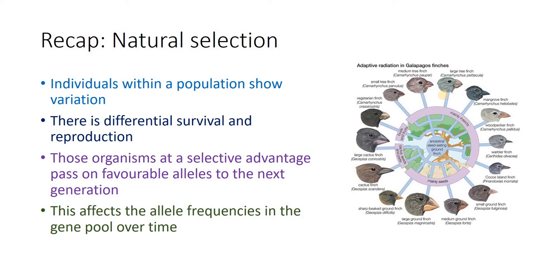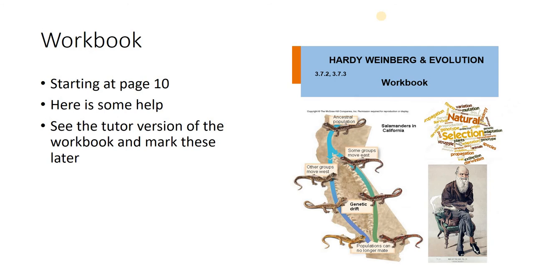So some of them will survive and reproduce, some of them won't. And those that do are the ones that have this selective advantage. They're fitter and they'll pass on the favourable alleles to the next generation. And that will affect the allele frequencies in the gene pool over time. So the favourable alleles will increase. That's just a quick recap of the theory.